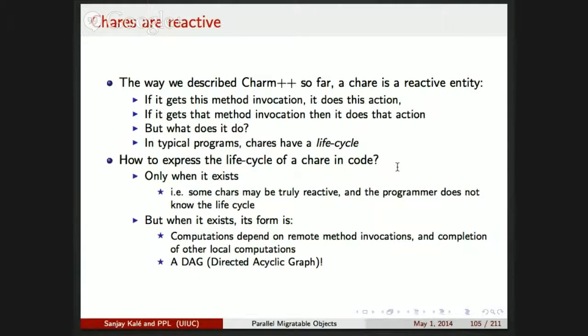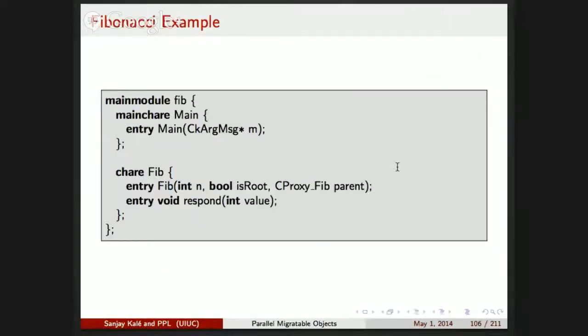However, sometimes we want a certain ordering, so you might need to complete one part of the computation before the next part can carry on. Modeling this is possible without SDAG, however, SDAG is meant to make it easier. When computation depends on remote invocation and completion of other computation, we can model it using a DAG, or a directed acyclic graph, and Charm has functionality to encode that into the chares themselves.